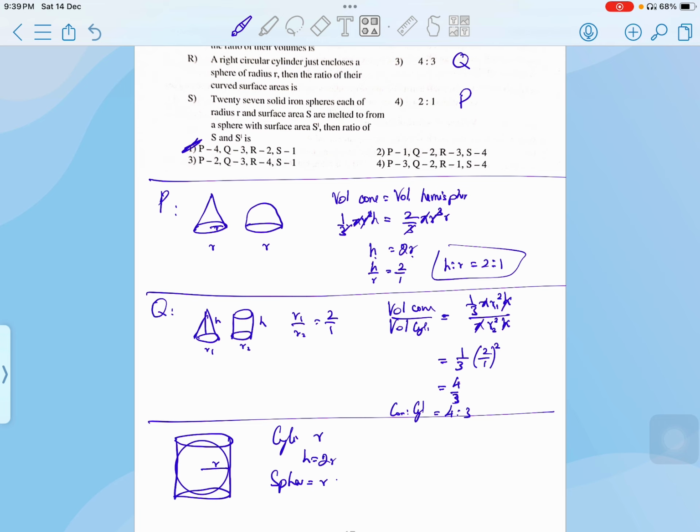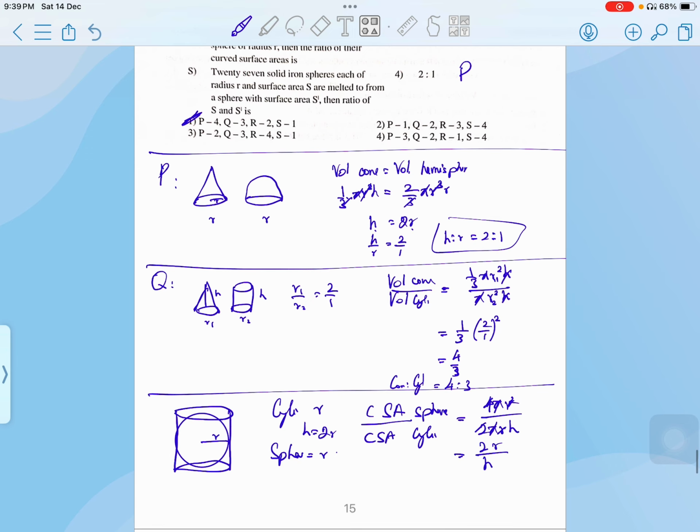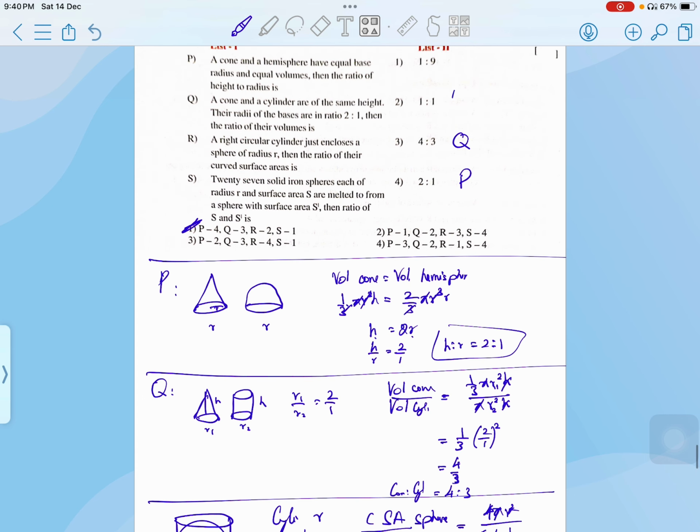We find out CSA of sphere by CSA of cylinder. So sphere is 4 pi r square, cylinder is 2 pi r h. Pi and pi cancel, r and r cancel, 2r divided by h will be there. Actually the h of the cylinder is also 2r, 2r and 2r cancel, 1 by 1, so they are in a ratio 1 is to 1. So this is your R.